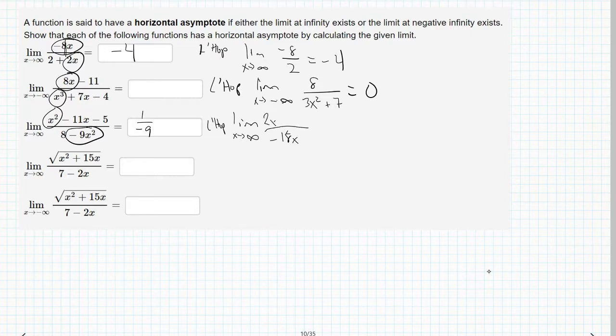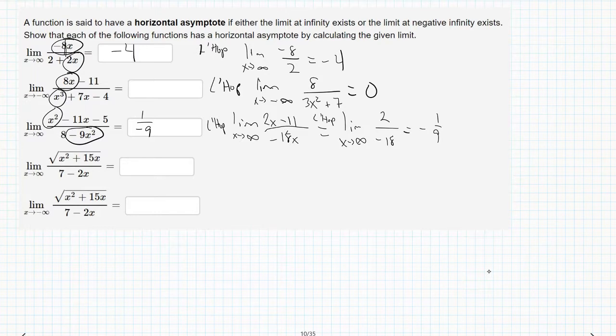So 2x minus 11. So now I still have to use L'Hopital's rule, or I could recognize the degree, as I mentioned, that would tell us a lot of information. Limit as x approaches positive infinity, so this becomes 2 over negative 18, which is equal to negative 1/9, which is what we had.